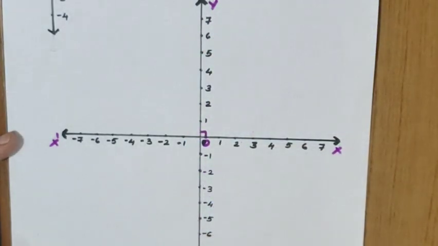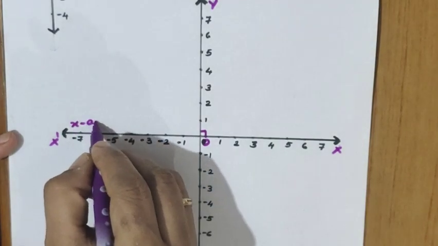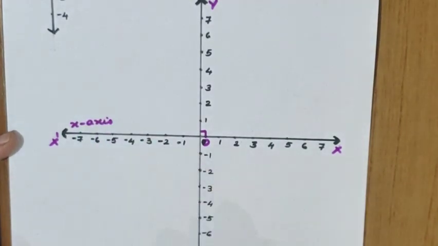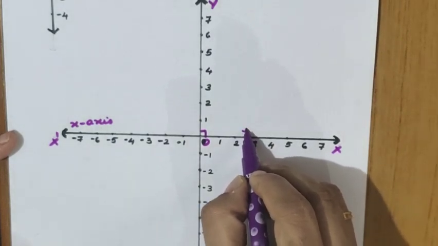Dash represents the negative part only. The horizontal line X'X is called the x-axis. Similarly, the vertical line is called the y-axis, right? Okay, now we can say one more thing, this is the positive direction.